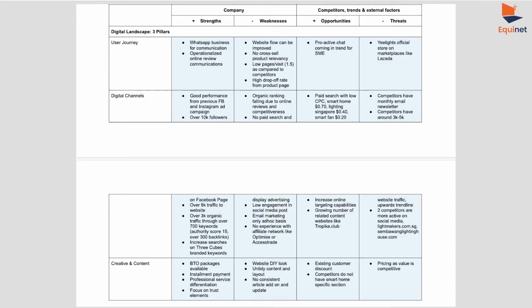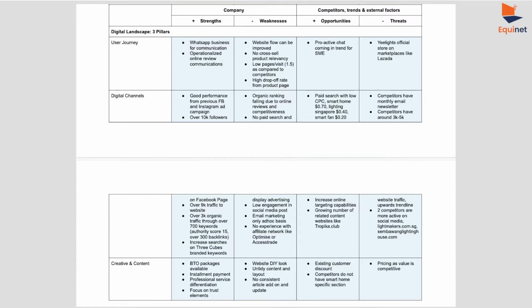Your analyses here are known as drivers, as this is what drives your strategy plan. In a market and digital landscape analysis, you should be looking at the 3 C's we went through in the previous video, as well as the 3 pillars of digital marketing: digital channels, creative and content, and the user journey.